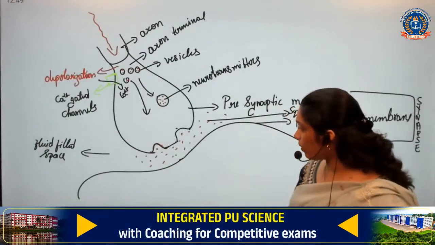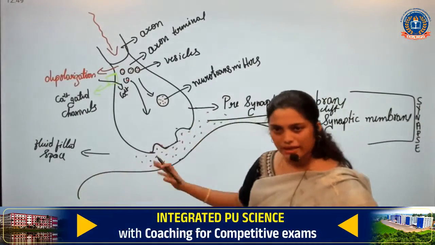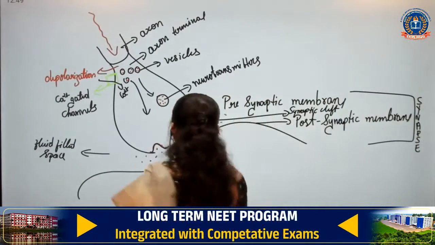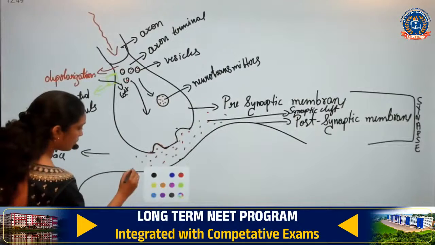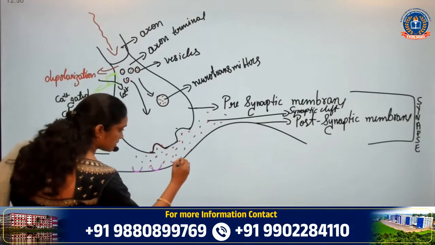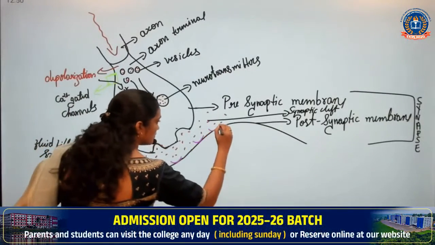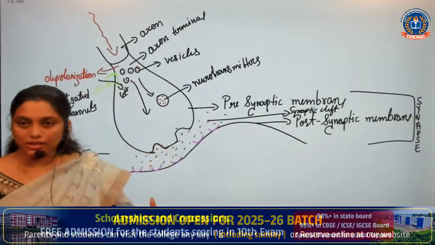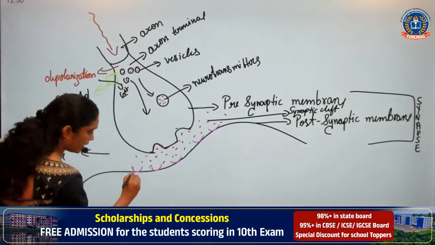Now what happens? This can be a dendrite or any other cell. It will have some receptor molecules. They can ask you where the receptors are found. Let me draw it like this.